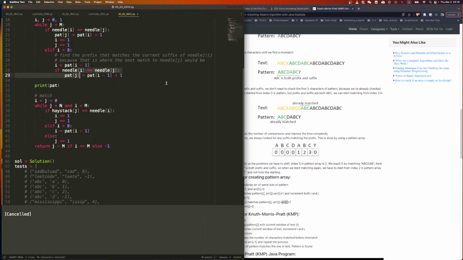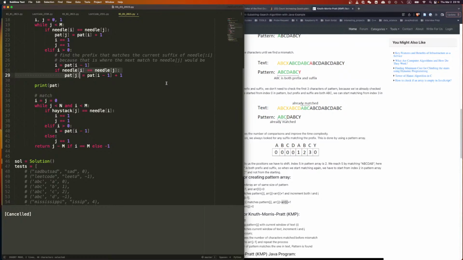Think again. Okay, so we have the pattern. This is the total length that's ending in here, right? And then these two mismatch. Then we have the previous, which is pattern I minus 1. Okay, pattern I minus 1 tells me the length of the prefix that's matching this thing, right?